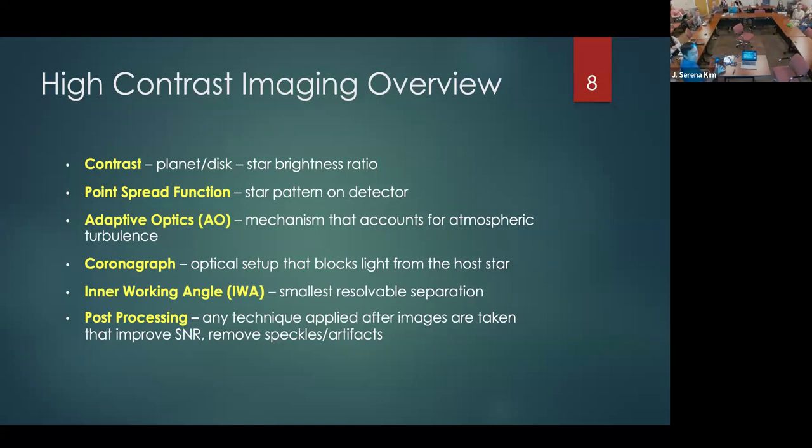This is just explaining the brightness ratio between any astrophysical object, like a planet or a disk, compared to a host star that it surrounds. And I'm not going to go into too much detail about these other terms because they're not super relevant, but these are also important for doing high contrast imaging. So having adaptive optics to help really focus your starlight, as well as a coronagraph, which blocks out a lot of the really bright starlight so that you can actually see things that are 10,000 to 100,000 times fainter than the star itself.